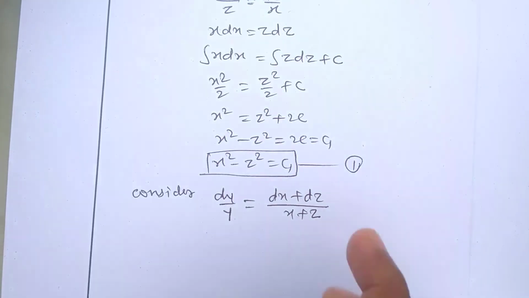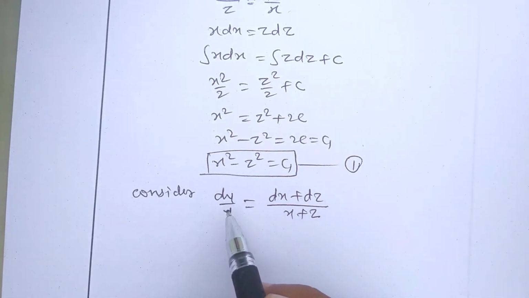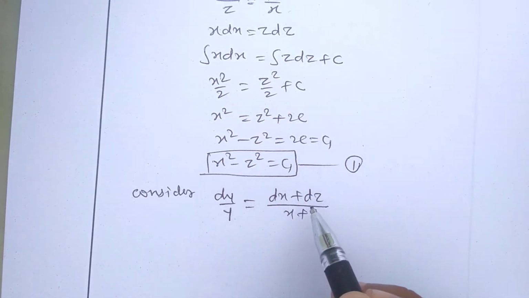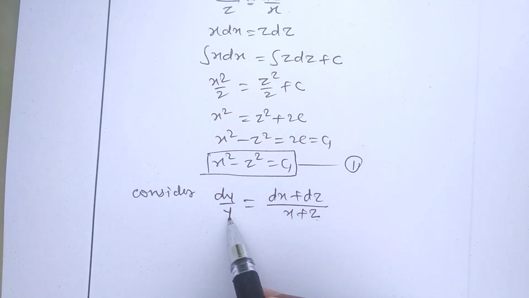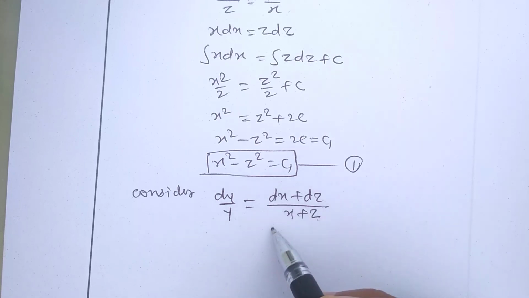Now if you see this term, we can consider it as a variable separable form. See, here the terms of y are separate, and here in the right hand side there is a combination of x and z in the numerator, and also in the denominator a combination of x and z. And also we can find the integration of this term easily with respect to y, and integration of this term.